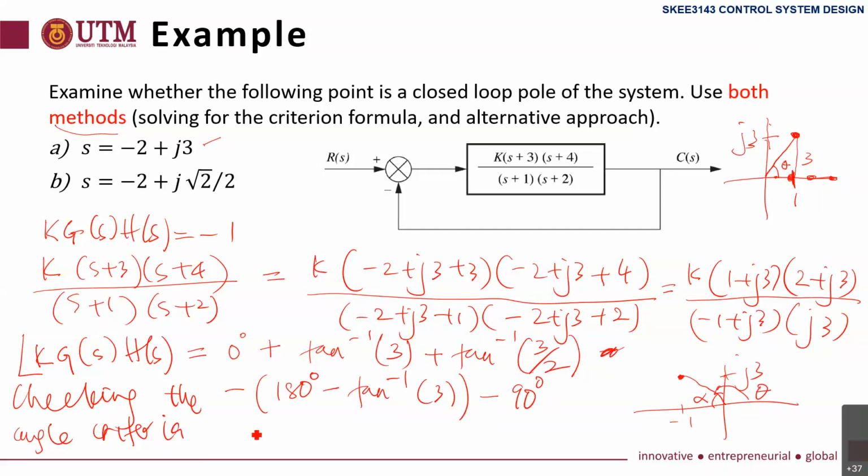If you solve it, please do it again later, you will get the value as -70.5 degrees, which is not equal to 180 degrees.